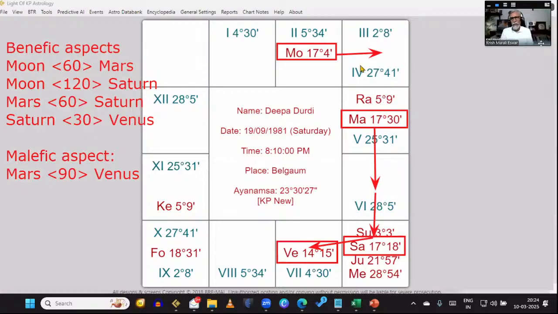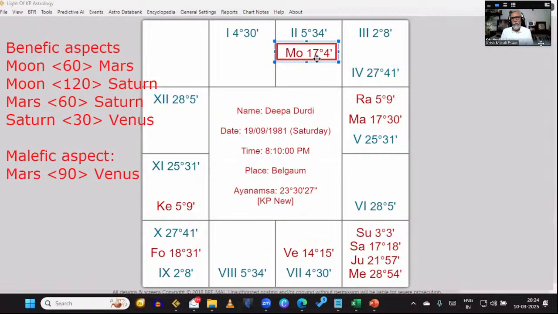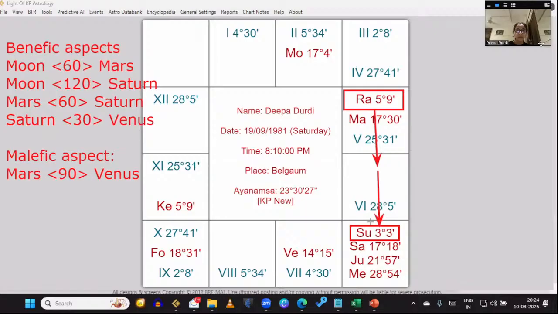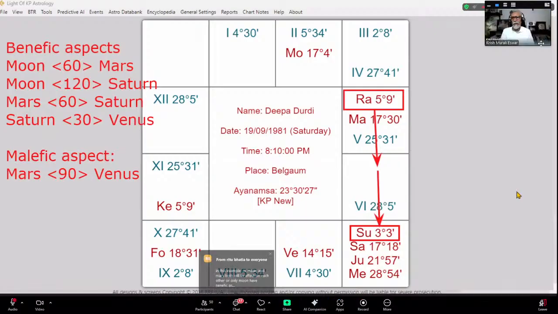Right. So let me delete all of this. Let's take Rahu. Rahu is at around 5 degrees. Sun is at around 3 degrees. What is the distance between the two? 30 degrees, 60 degrees. Now Ketu is at 5:09.